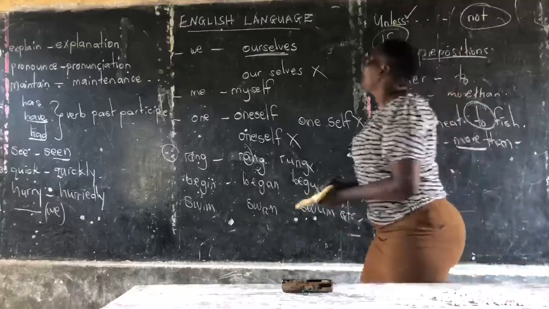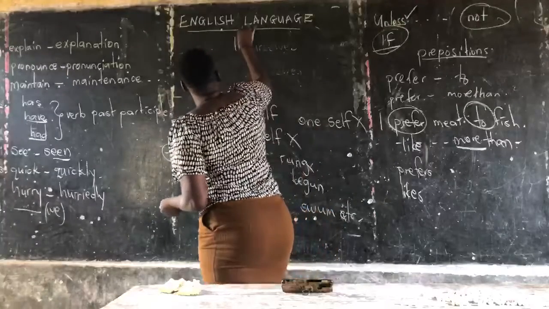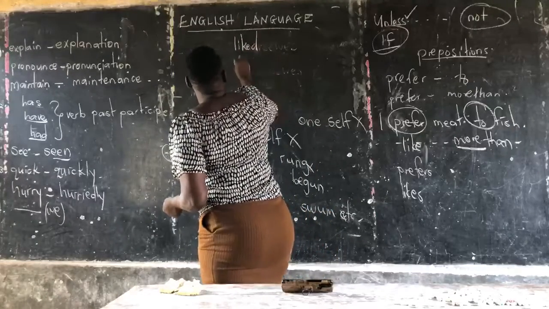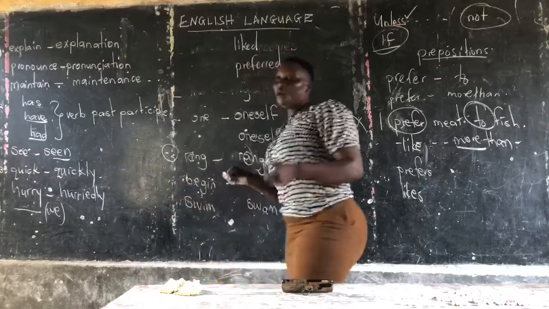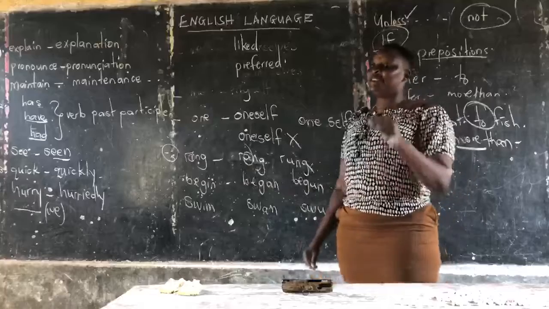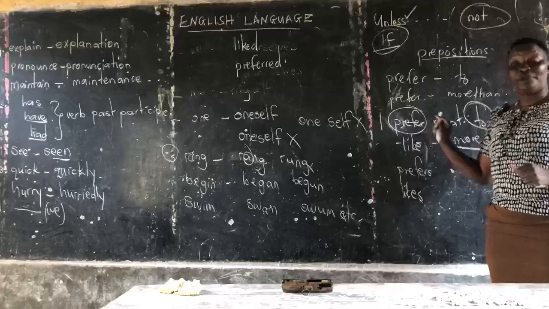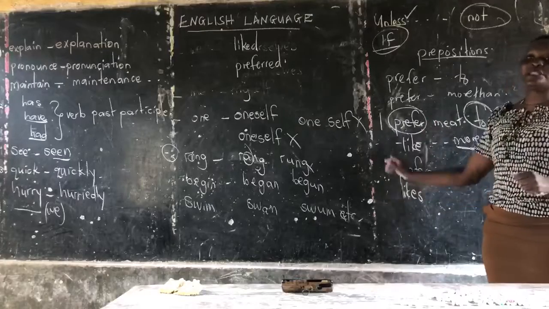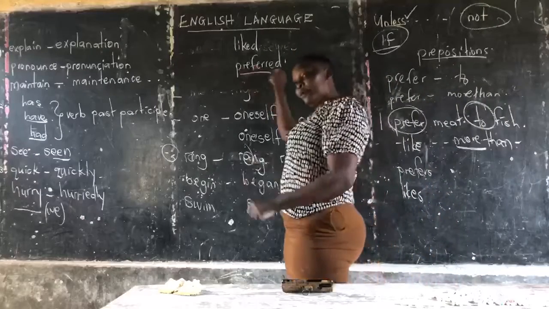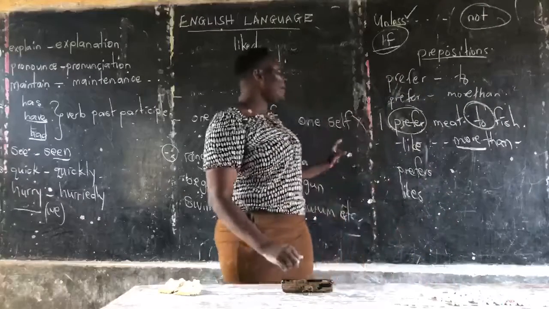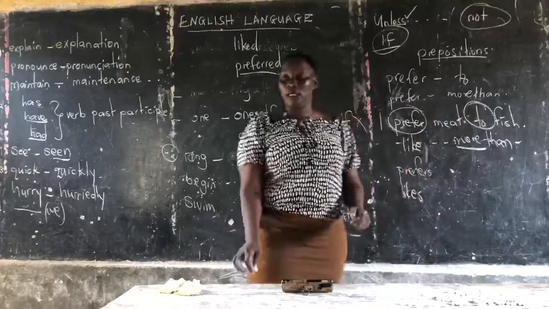You use them varying with the text that is given to you. Once they say like, that is when we are going to use prefer. They say likes, we use prefers. And when they say liked, we use preferred. The prepositions are preferred to and like more than.